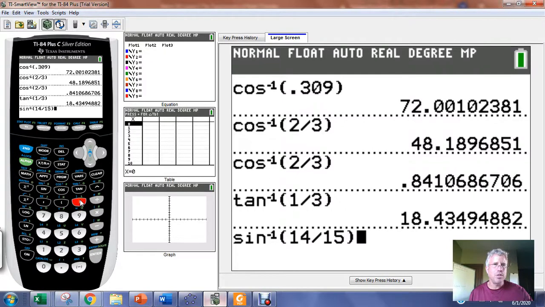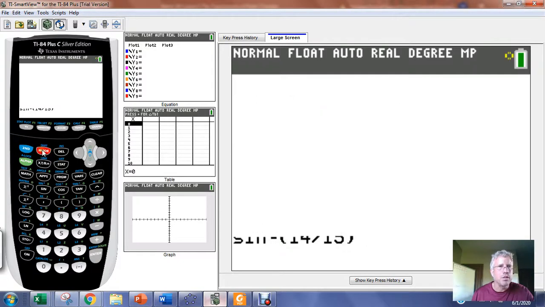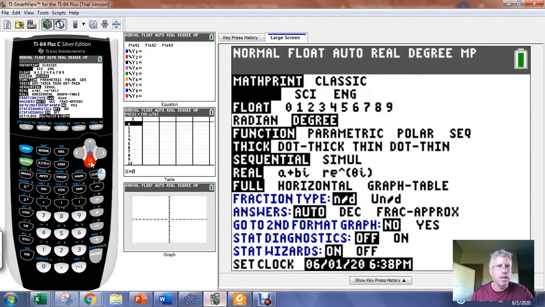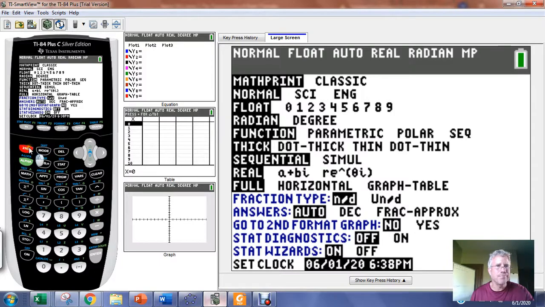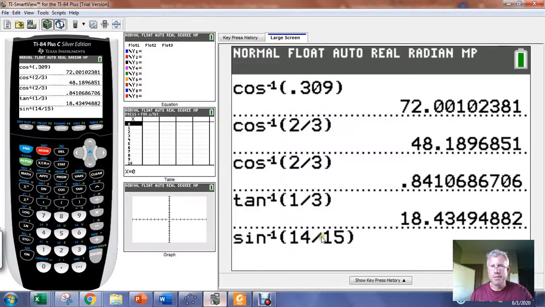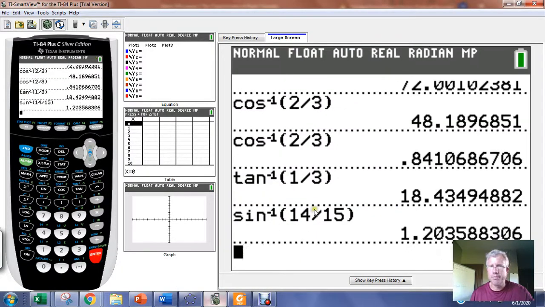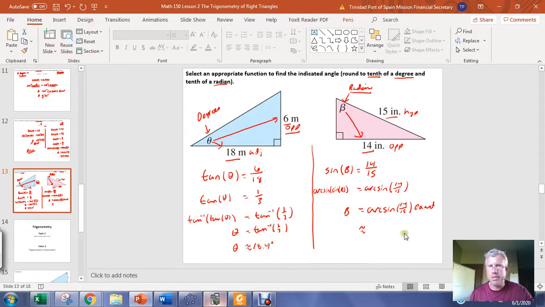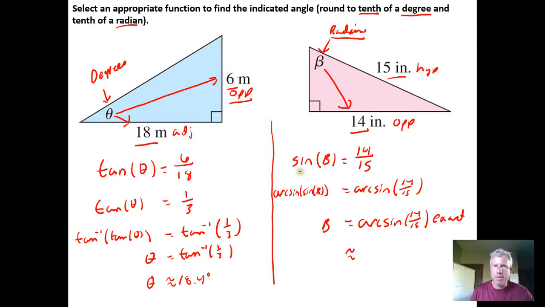There's the side ratio being fed into the inverse trig function, and then we need to go into mode, and to get an answer in radians we need to select radian mode, second quit to get back out to the main screen, and then we hit enter, and we get about 1.2 radians to the nearest tenth. So mark that down. This is 1.2 radians.